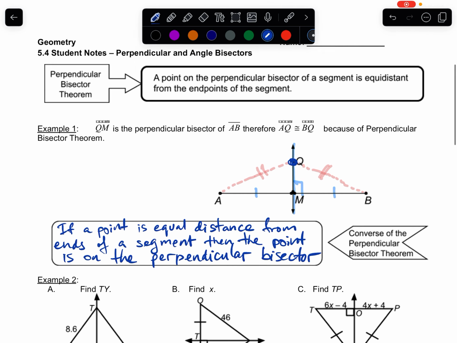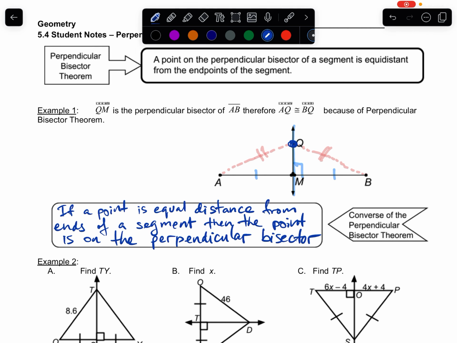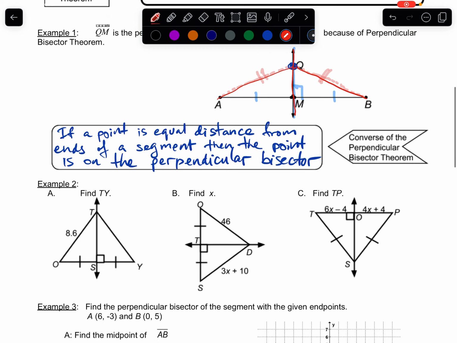Okay, so it's the converse of our perpendicular bisector. So this says basically, well, if my point right here is equidistant to the ends again of my segment, then the point must be on the perpendicular bisector.